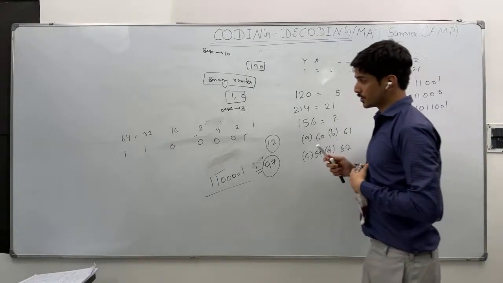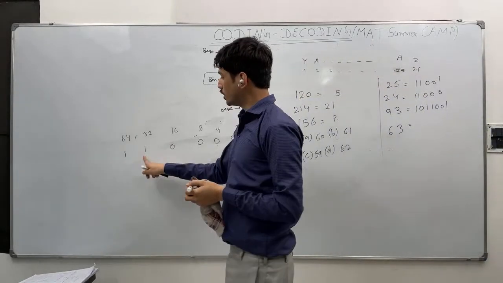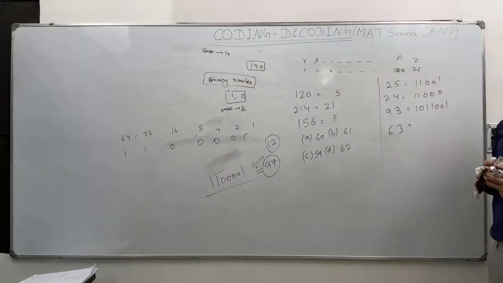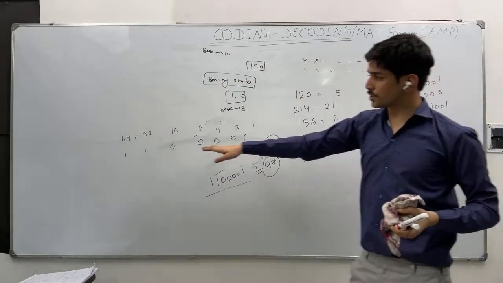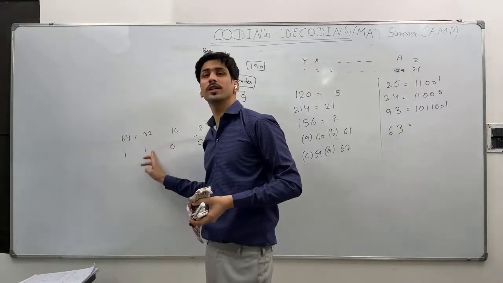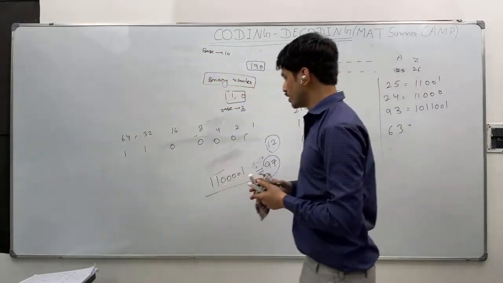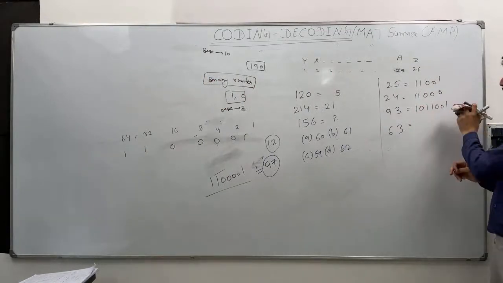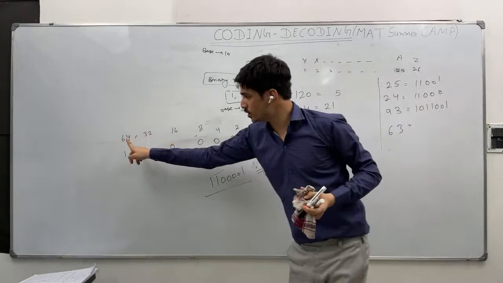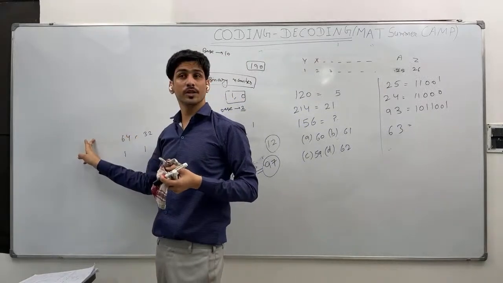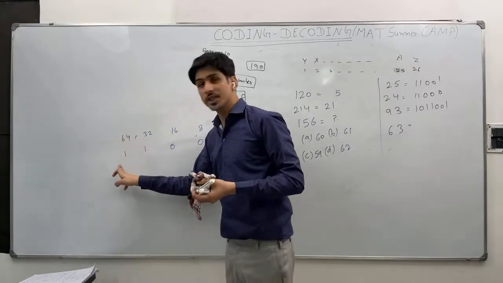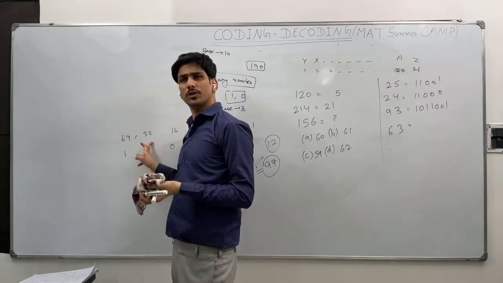How can you get it? 93 is correct, because after 64, what comes? 128. 64 into 2 is 128. So it means you need 64, and definitely you need 32 also.